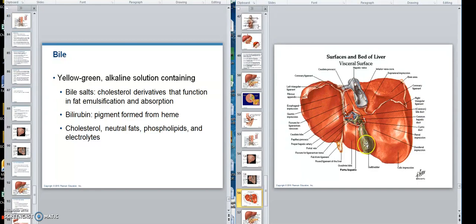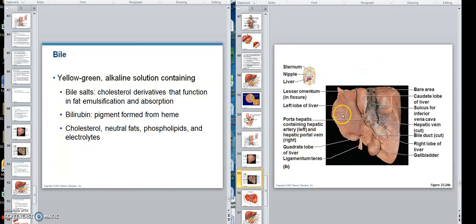There's your gallbladder. In the cadaver, that's what you'd be looking at: that big right, smaller left. Right there's the caudate, and down here would be the quadrate in that area.